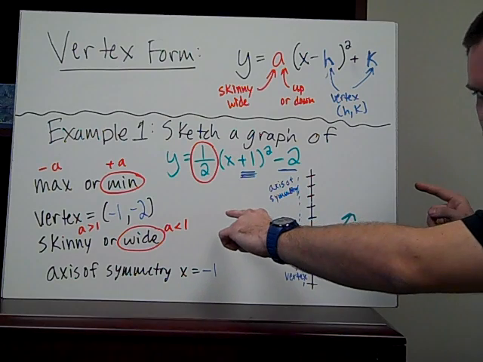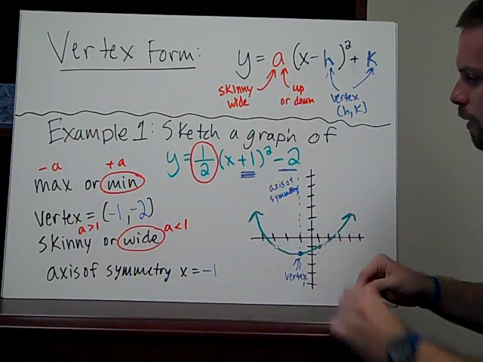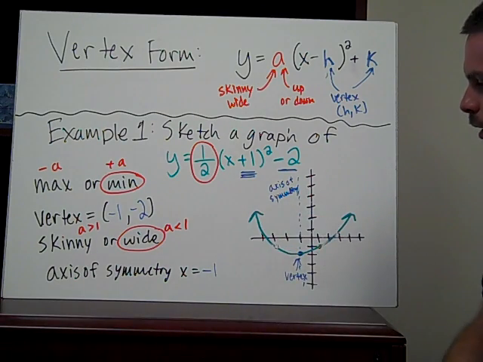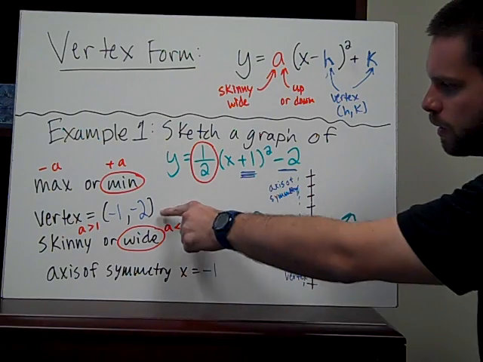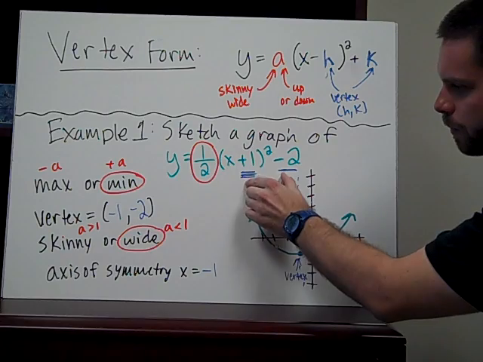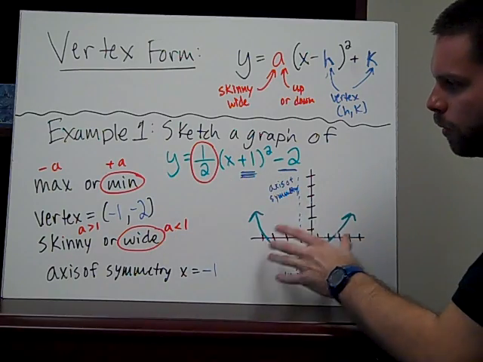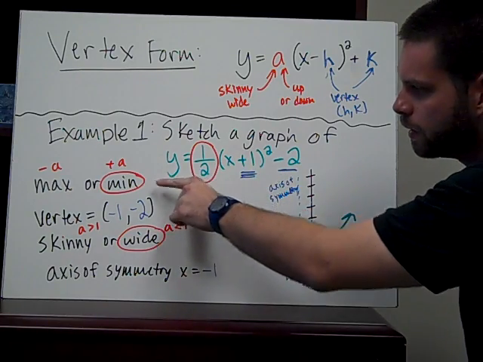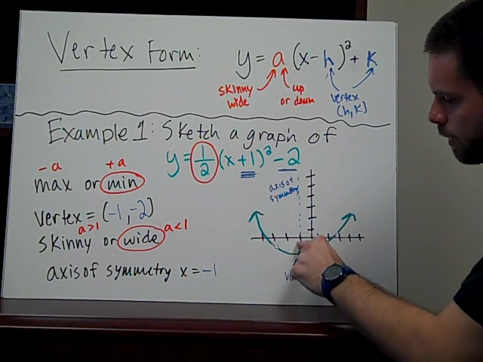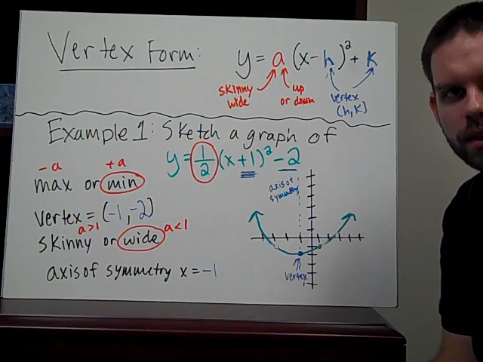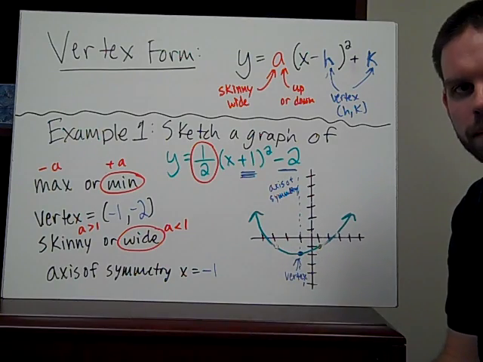That doesn't continue forever, but it does continue for the first few points, and then we can draw in our U. We have our axis of symmetry down the middle. We have our vertex from these two numbers. We get an idea of what the U will look like from the a: it's a minimum and wide. And we use that a to graph our first couple points, one on each side of the vertex.